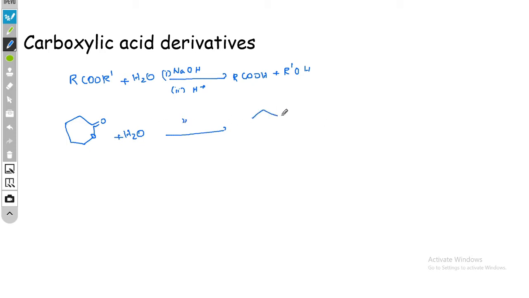Since it is cyclic, we get a linear open-chain compound which contains both hydroxyl and carboxyl groups.